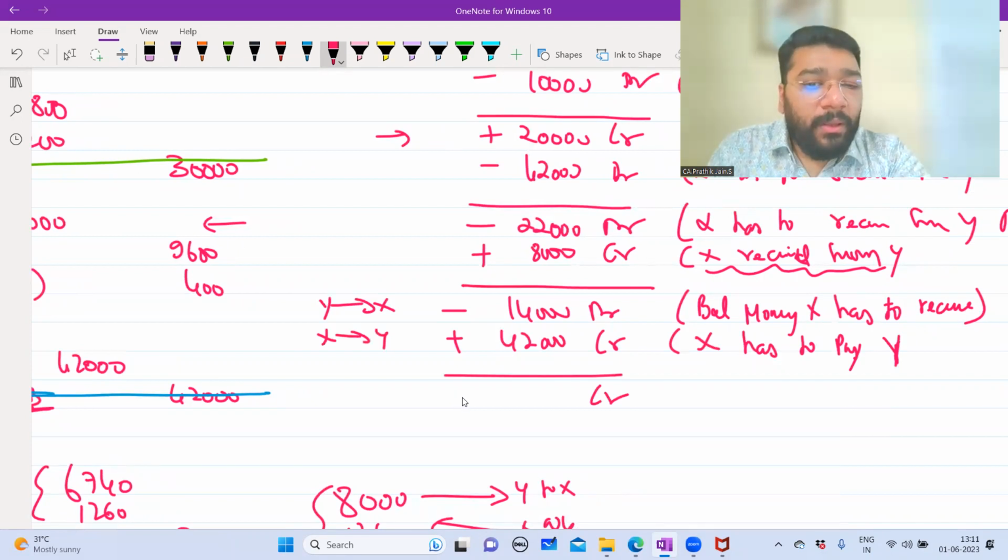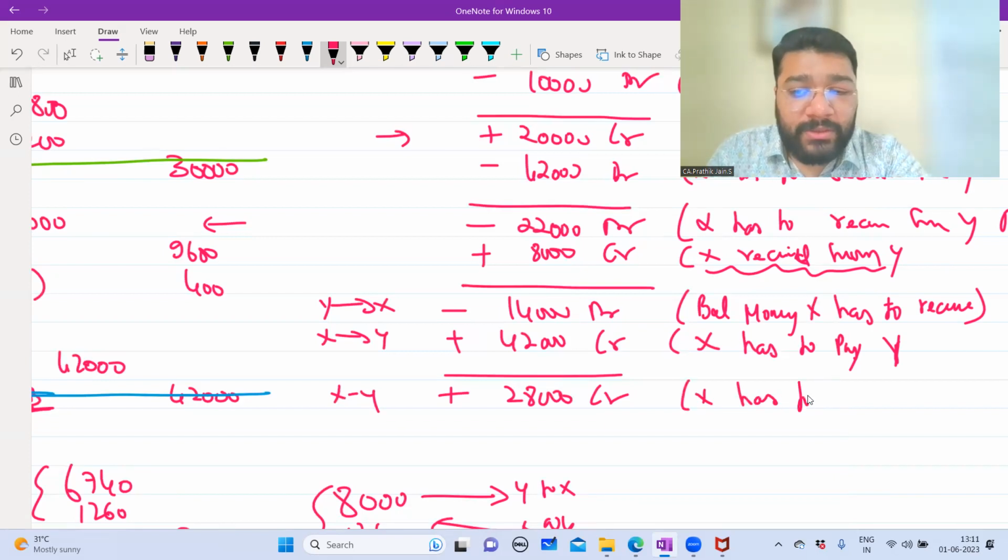The difference, 28,000 rupees positive. X has to pay Y. 28,000 is payable.